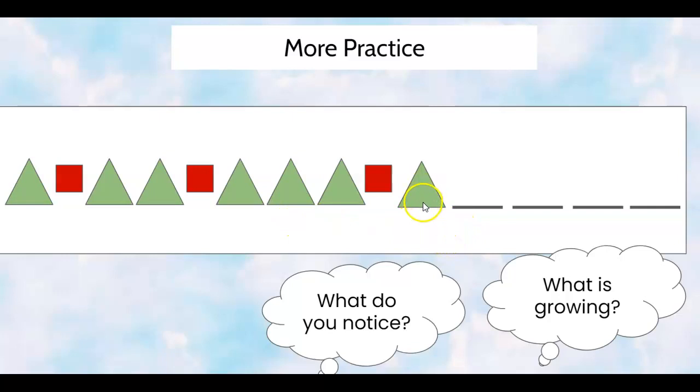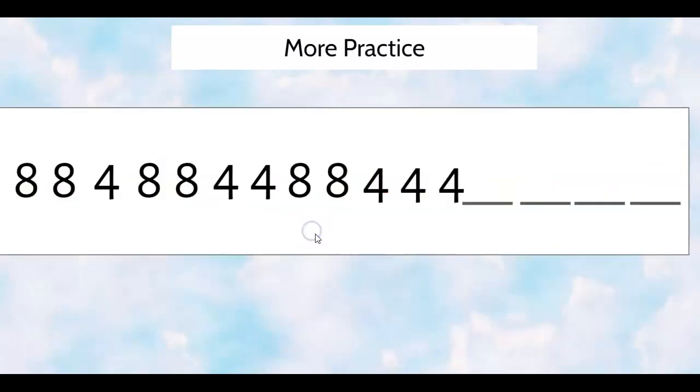Awesome. So let's count all 4 triangles. We already have 1, 2, 3, 4, and then we know there's another square because we understand how the pattern repeats. Very good, my friends.